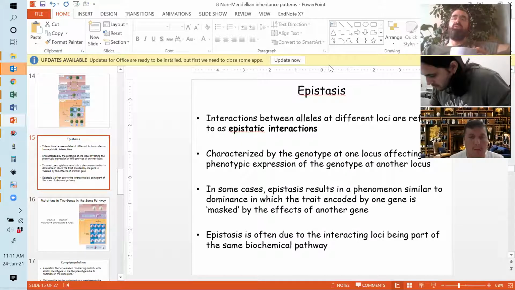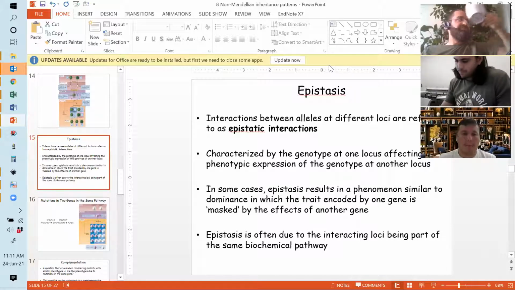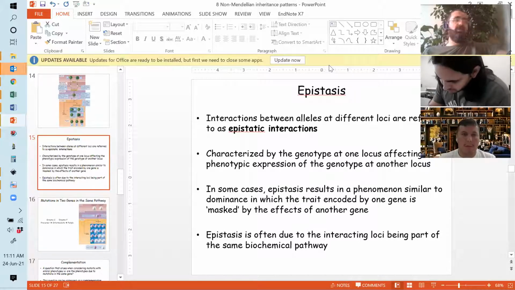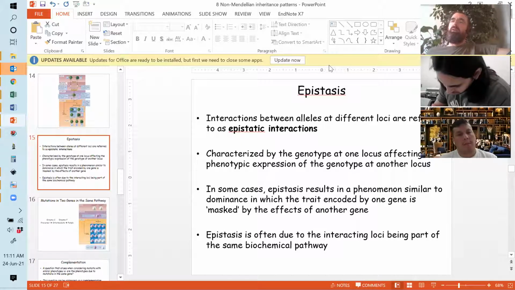You have a whole bunch of networks of metabolic pathways, developmental pathways, steps in processes. So it makes sense that if you have a whole chain of proteins doing different things, then you need all of those to work to see the outcome at the end.